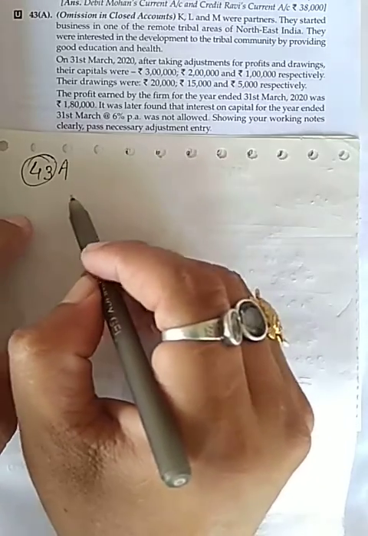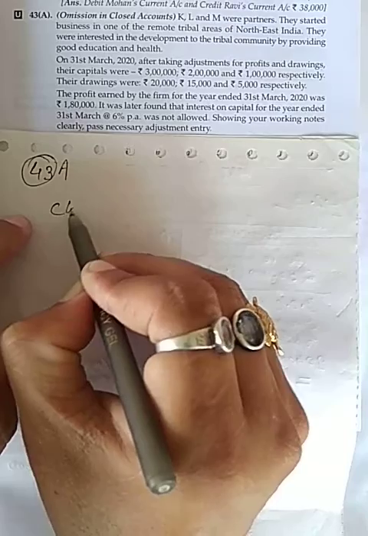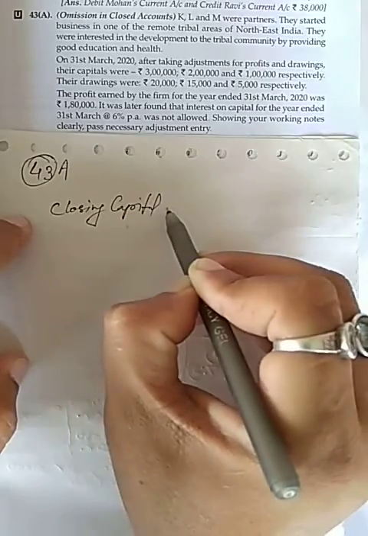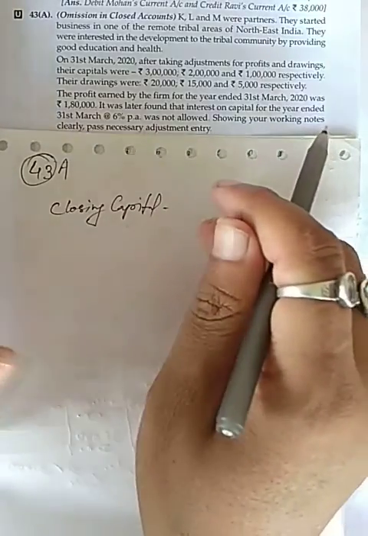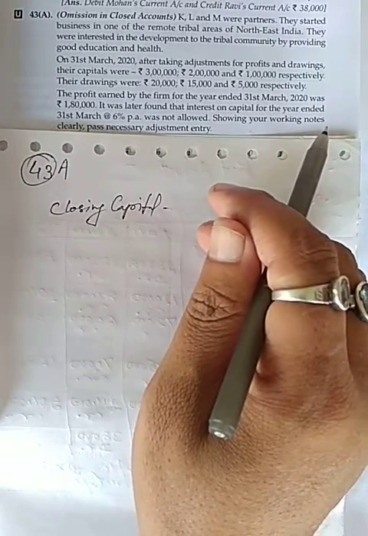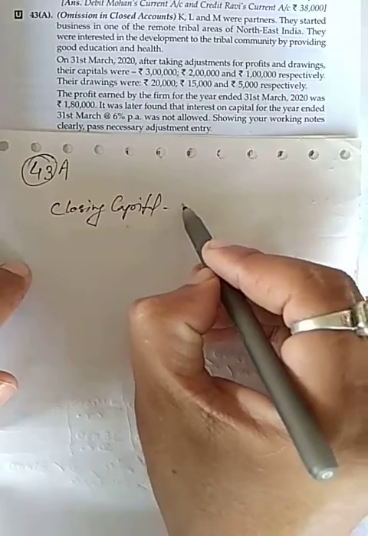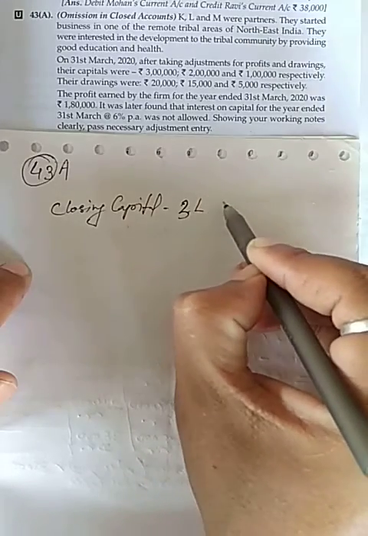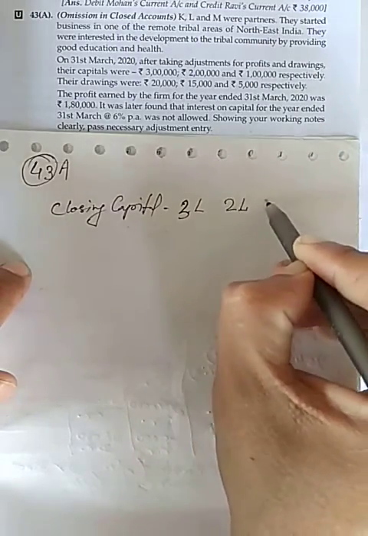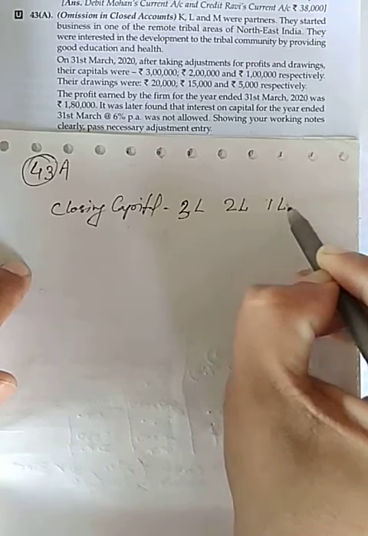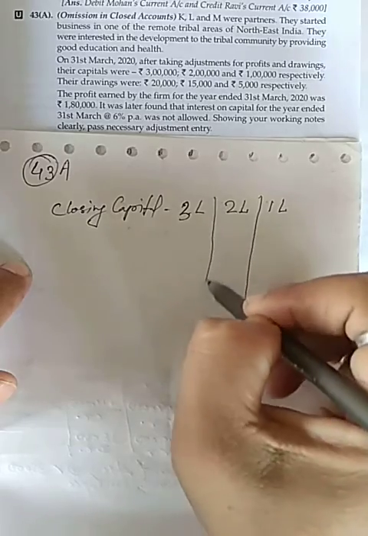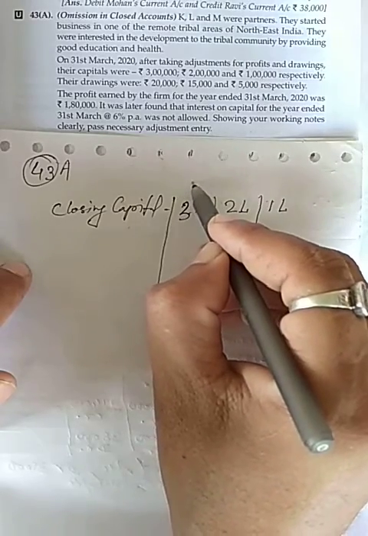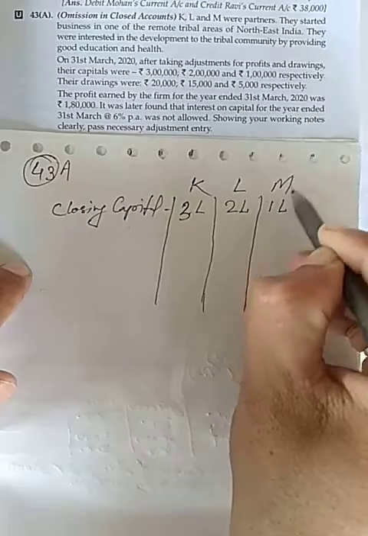So closing capital is given: rupees 3 lakh, 2 lakh and 1 lakh of partners K, L and M.